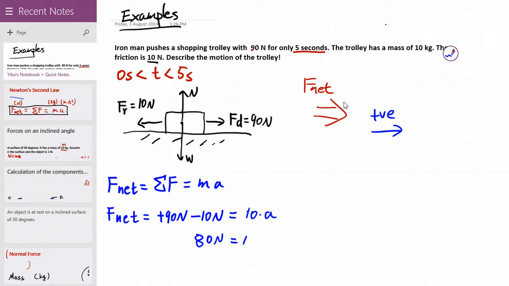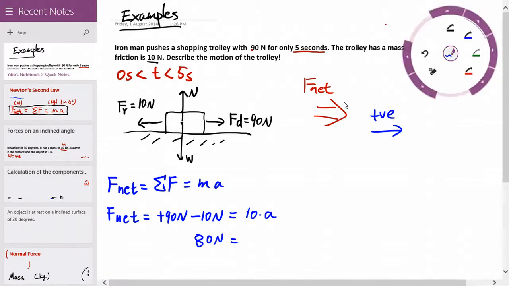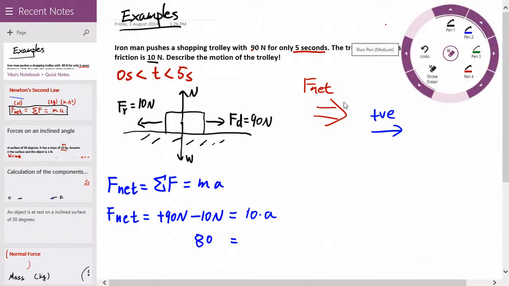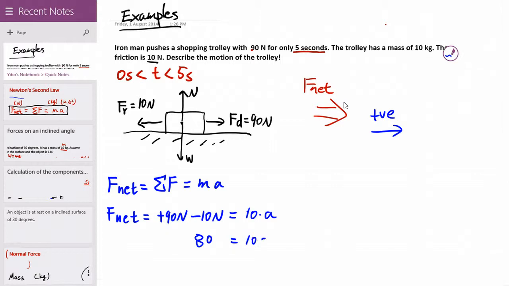Let's write down 80. The net force is 80 newtons equals 10 times acceleration. Doing the calculation, the acceleration will be 8 meters per second squared.